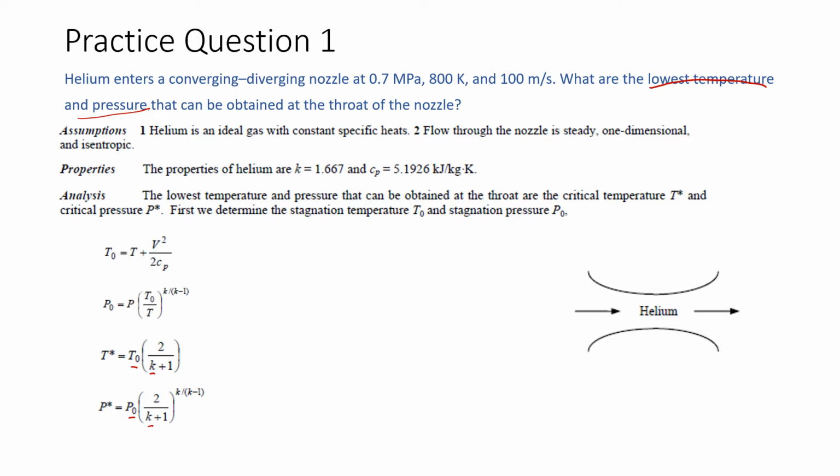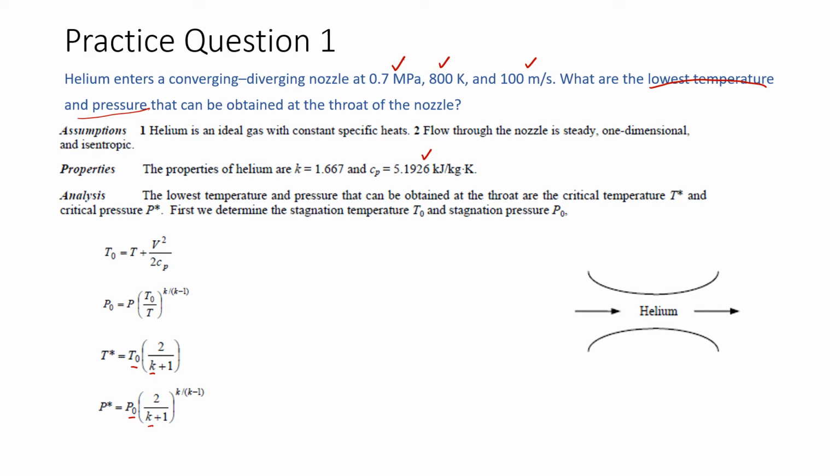So for T0 we have this equation. You've used it before, and for P0 we have this equation. So what else are we missing in order to solve this? We have velocity. Given specific heat we get from the table. Of course, static temperature and static pressure we have here.